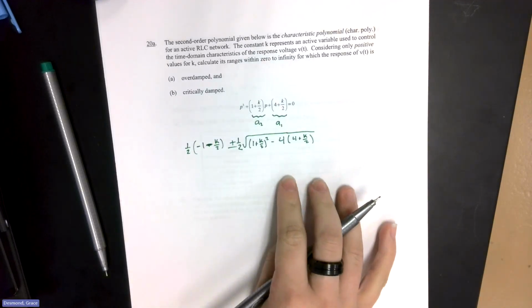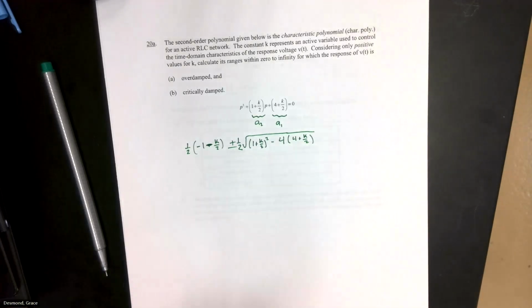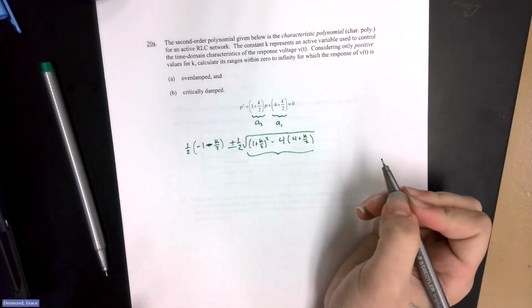We have our basic thing. I just divided by 2 on both of them. We're gonna simplify this out, multiply it out.